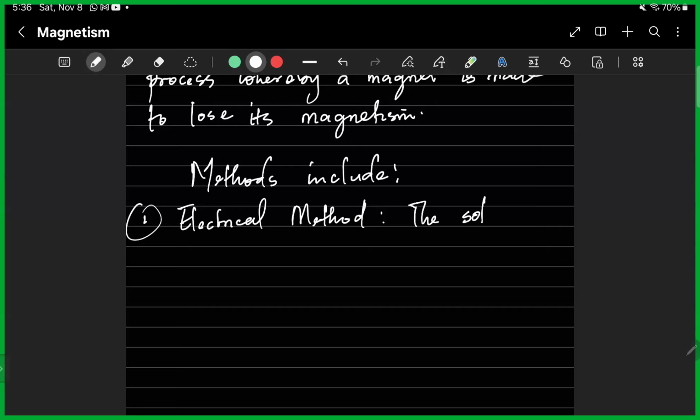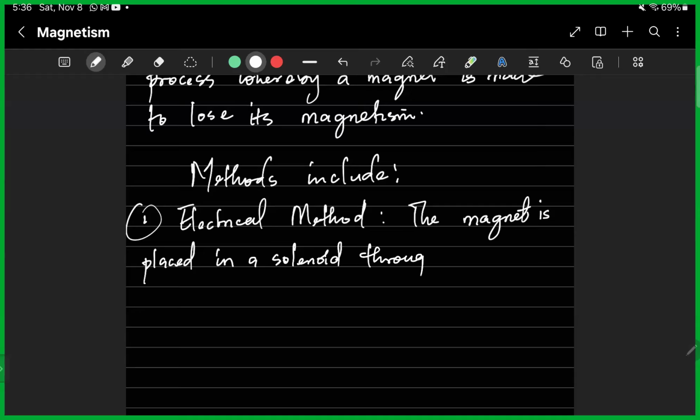Let's say the magnet is placed in a solenoid through which, excuse me, an alternating current is flowing.